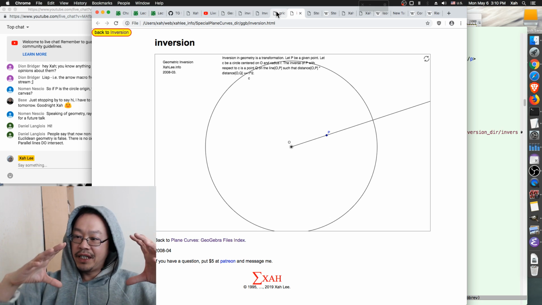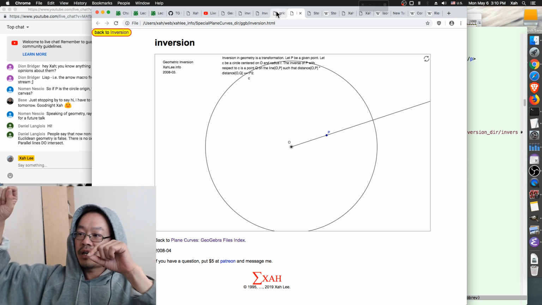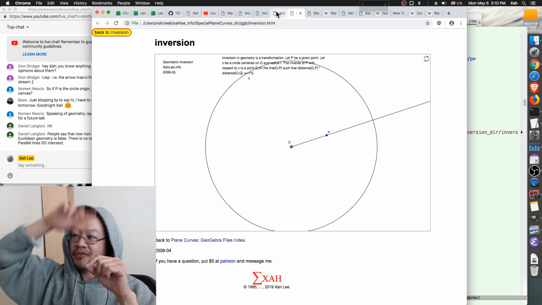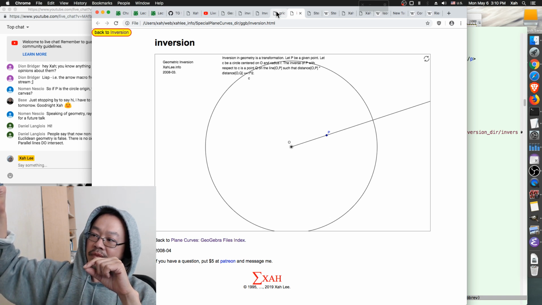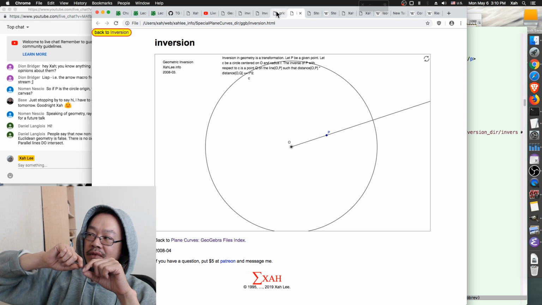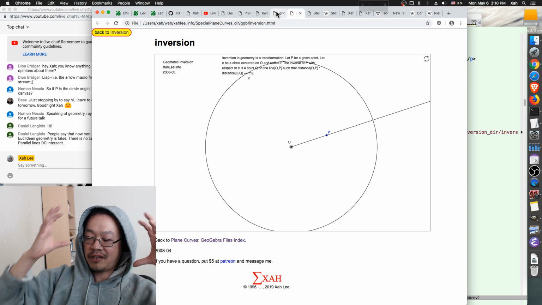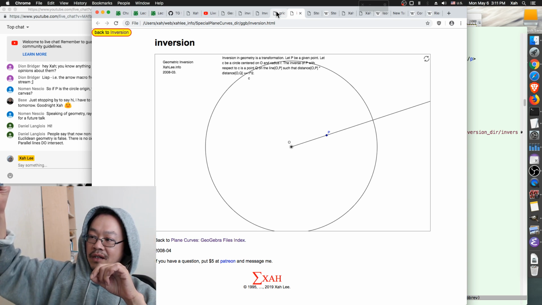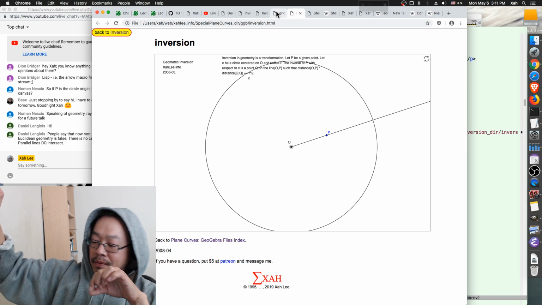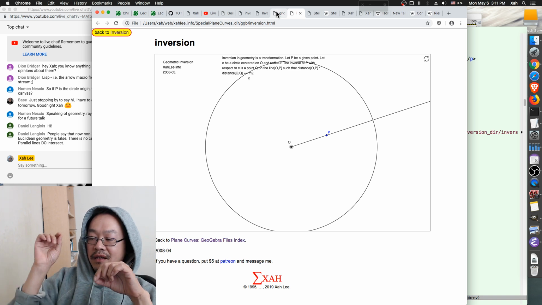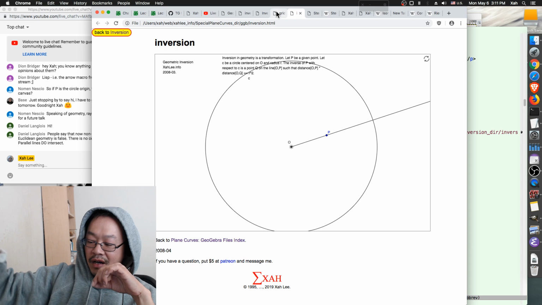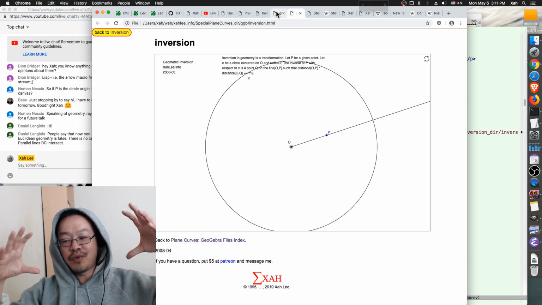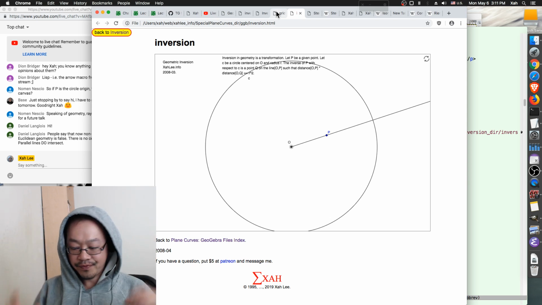Given a point, we draw a line from the center of the sphere to the point, and the distance from the center of the sphere to that point, multiplied by the distance from the center to another point on the same line, will equal r squared, where r is the radius of the sphere.